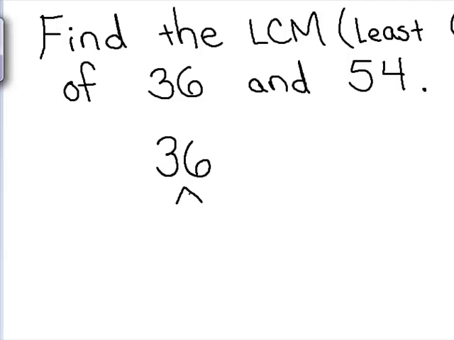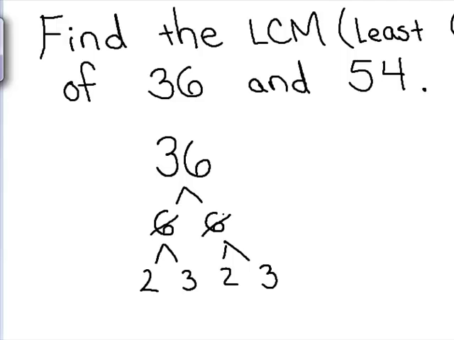Two numbers that give 36 if I multiply are 6 times 6, and two numbers that give 6 if I multiply are 2 times 3, and two numbers that give 6 if I multiply are 2 times 3. I'm going to cross out the 6's because we factored those out.